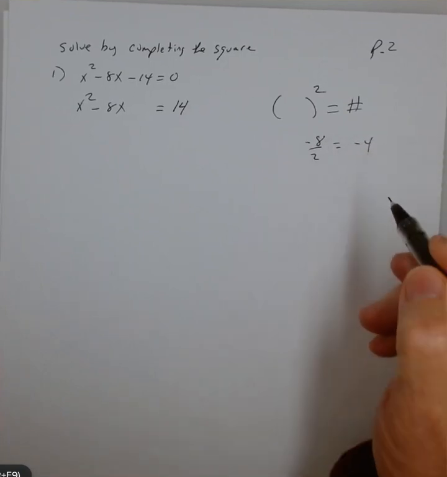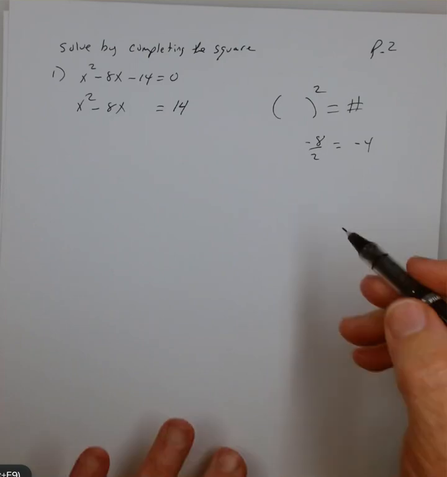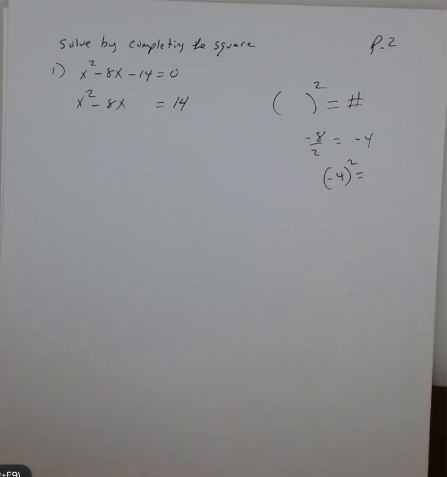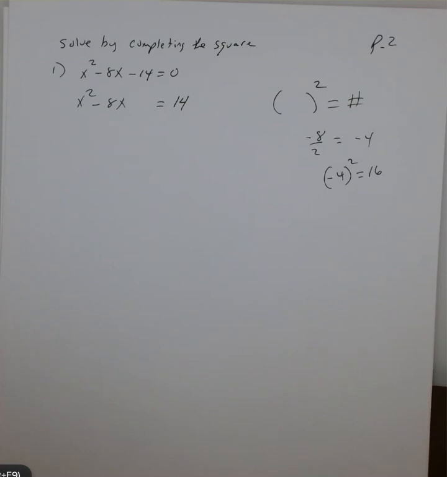So when I do that, I get what number? -4. All right? So it says take half the coefficient of x, which I just did, and then what else must I do to that -4? Square it. So I'm going to take -4, and I'm going to square it. Now, what is -4 times itself? 16. Not -16, 16.